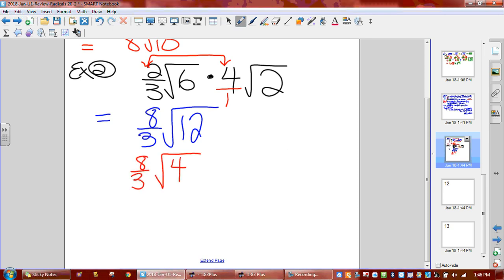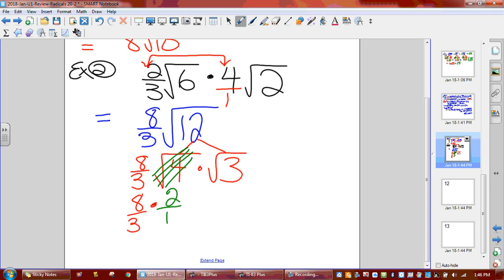So root 4 is going to change to a 2 over 1. The 8 over 3 is sitting beside it, and we're going to multiply. The root 3 comes and sits beside the fractions. The final answer is to multiply the fractions outside. So we're going to get 16 over 3 root 3.